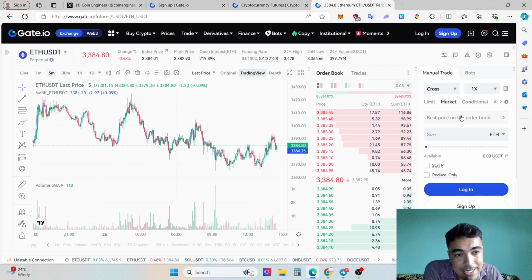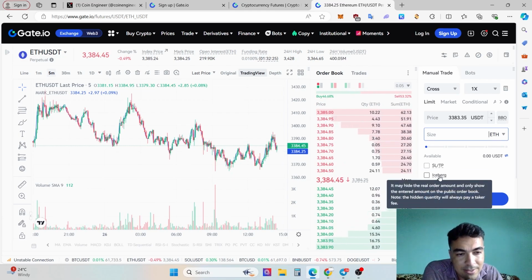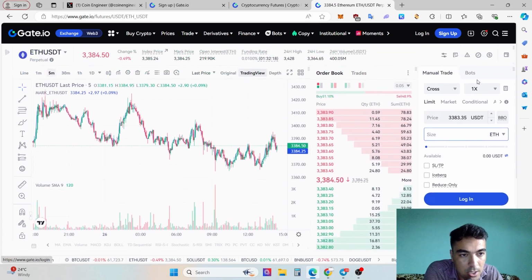I had already said that if you want to choose market, you don't need to put any price, but on the limit side you absolutely have to put price and then put size, take stop loss or take profit. If you have a really huge amount, you can click iceberg order.